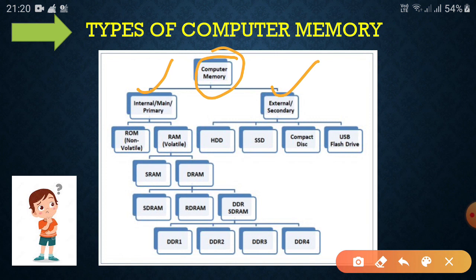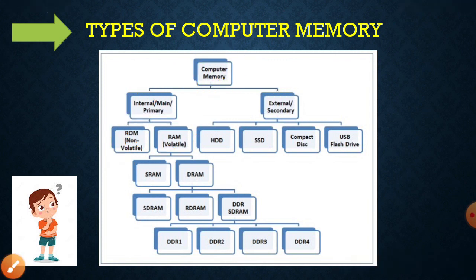In the primary memory we will have two parts, one is ROM and another one is RAM. Already we are familiar with those words: RAM, ROM, internal memory, external or secondary memory. Here ROM is called non-volatile and RAM is called volatile memory.